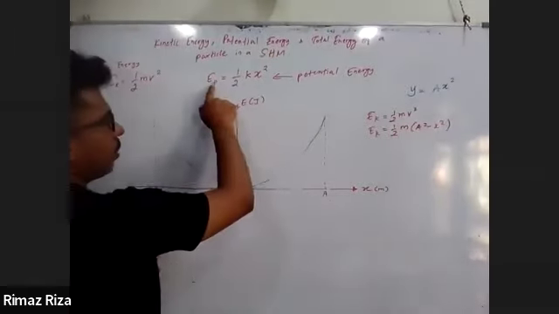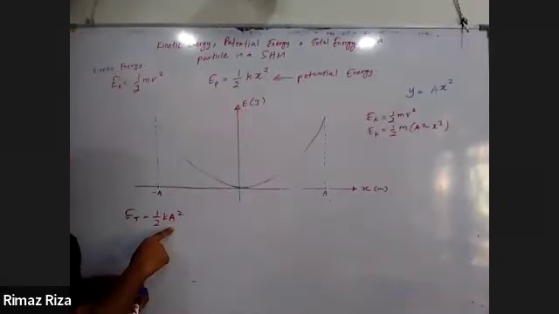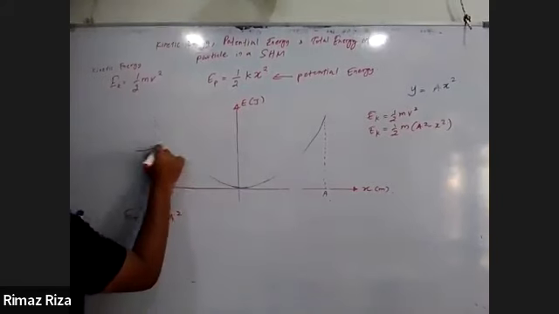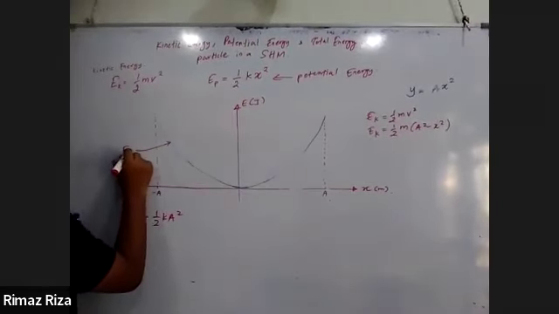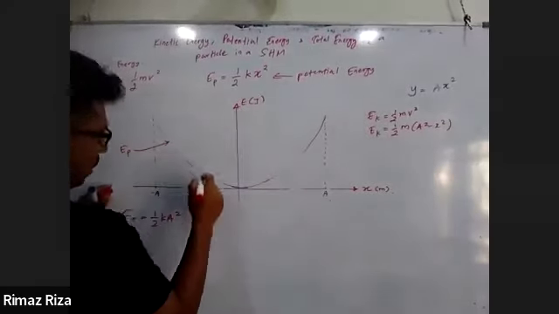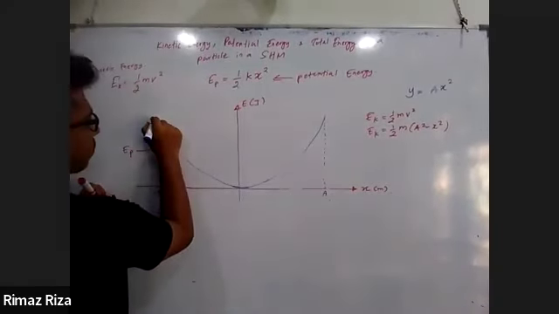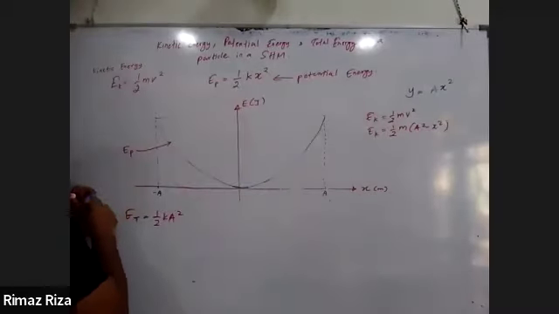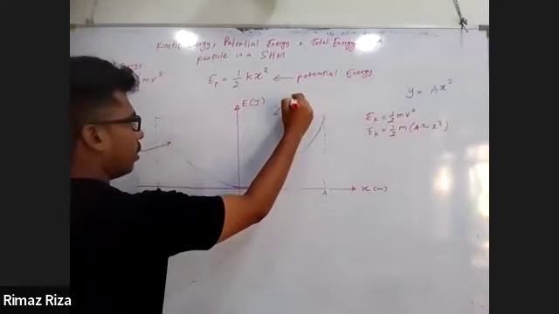Now here, for potential energy, if you put x equals a, you get half k a squared, and the total energy is constant. This is the potential energy EP, and this is the total energy E.